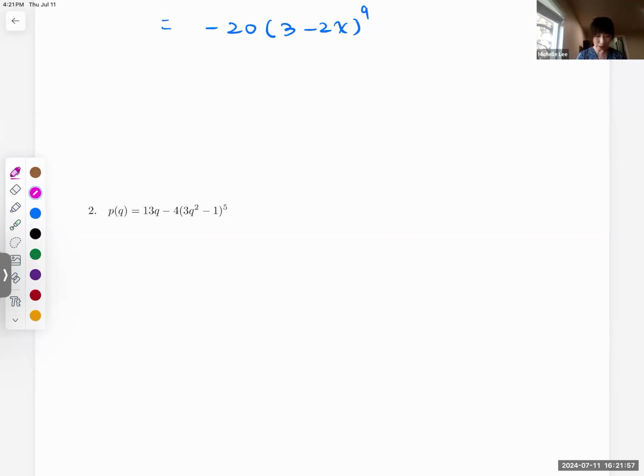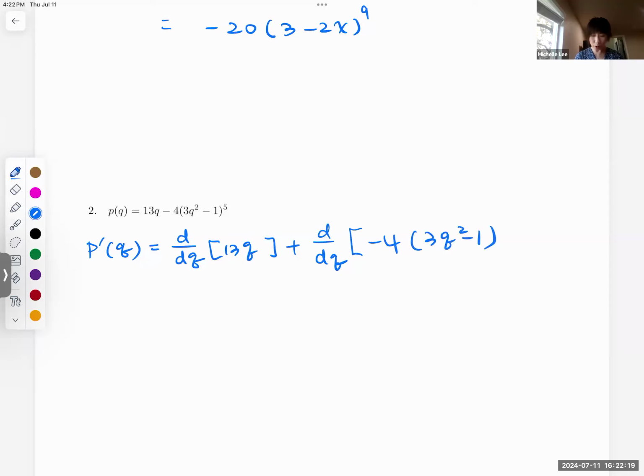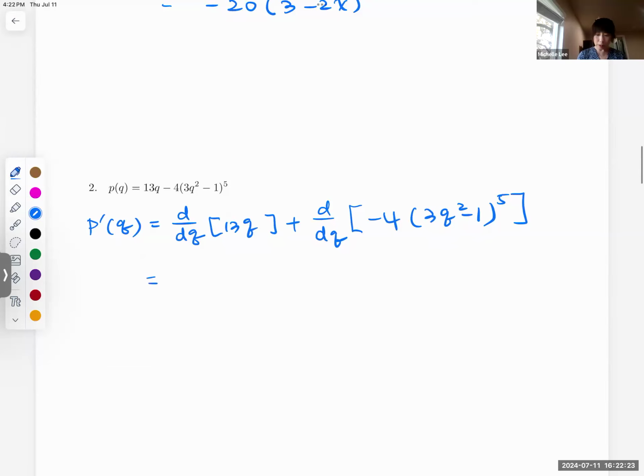Okay, let's do the derivative: p prime of q, which is the derivative of 13q, plus the derivative with respect to q of negative 4 times 3q squared minus 1 to the 5th power. Now we want the derivative of 13q, which is 13.